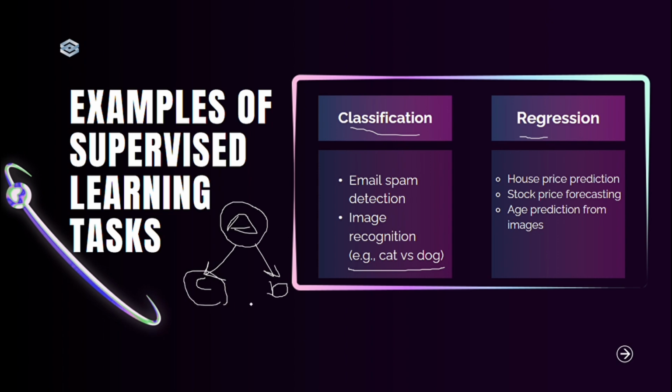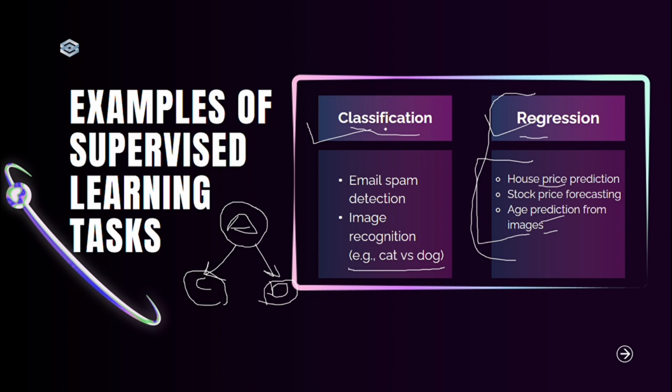So this comes under classification. And regression is when we have to predict things like house price prediction, weather prediction, or age prediction from images. These types of predictions come under regression.